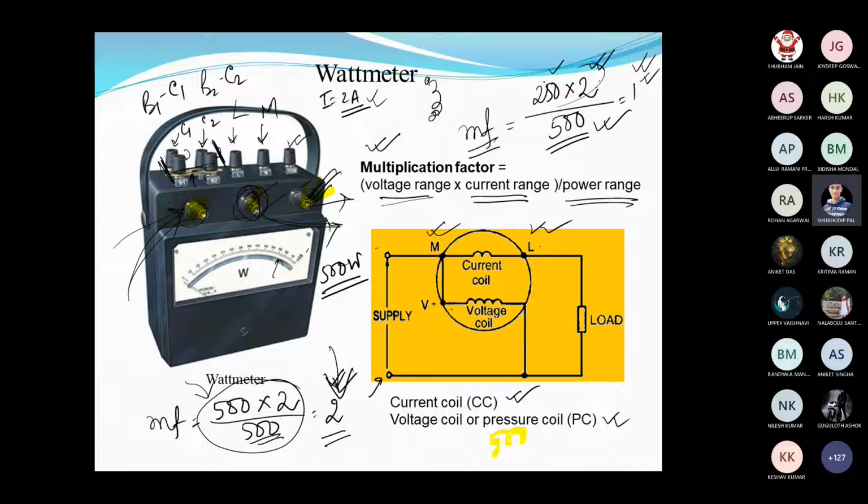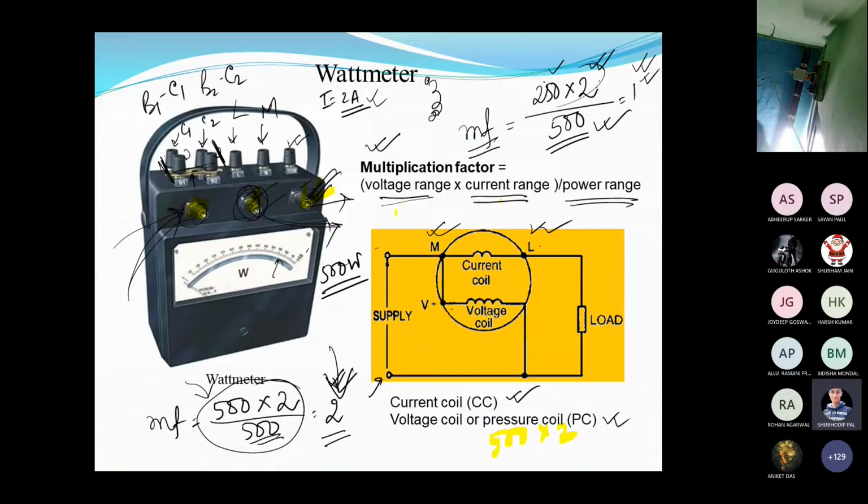The same scale may be used for measuring higher power, because we have different voltage ranges and different current ranges. So how do we calculate this multiplication factor?